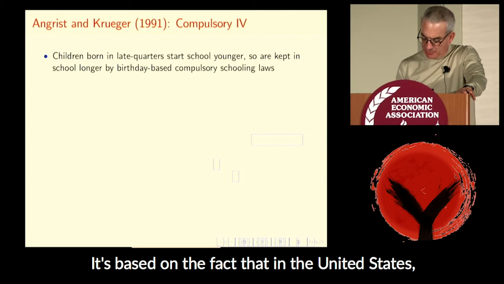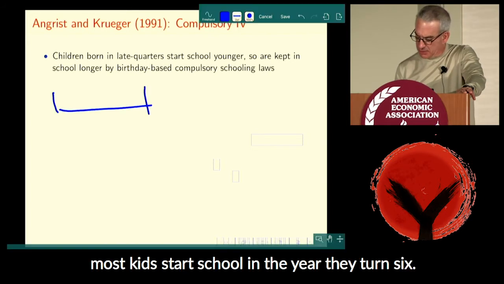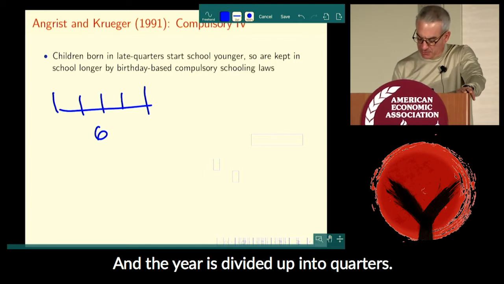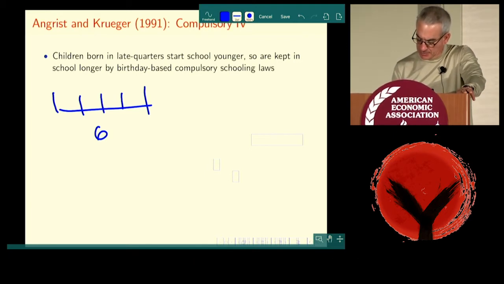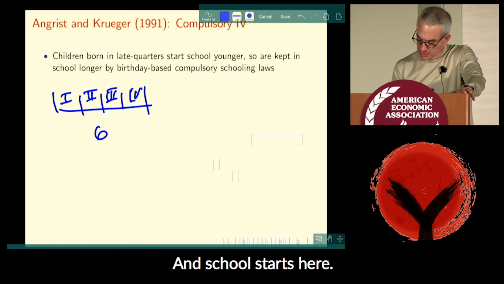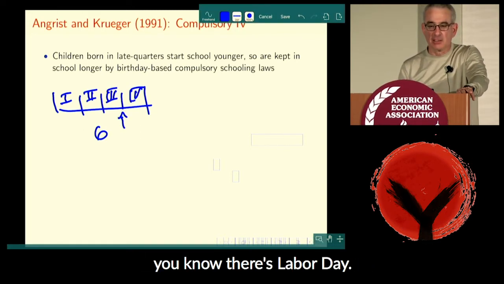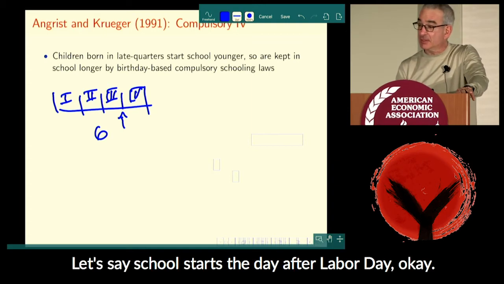It's based on the fact that in the United States, most kids start school in the year they turn 6. So here's the year that I turned 6. And the year is divided up into quarters. And school starts here. So there's Labor Day. Let's say school starts the day after Labor Day, okay?